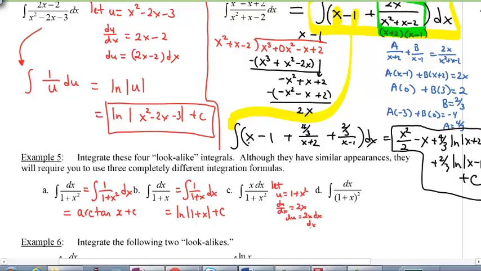I can divide both sides by 2x, and you'll see that this becomes 1/2 times 1 over u du. And so when I integrate that, I get the 1/2 natural log of 1 plus x squared plus c. Yeah?